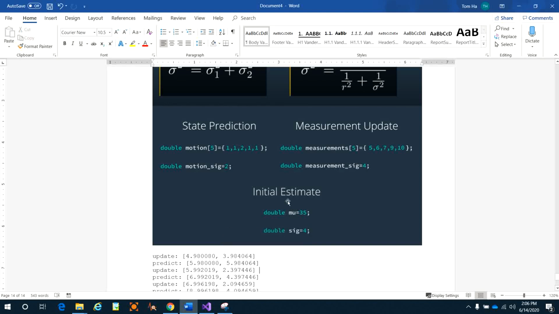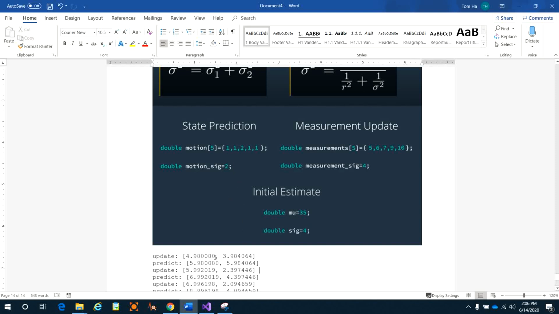they gain knowledge, so they get the covariance 3.98. Okay, so we continue. After the measurement update, the robot will predict where it will be in the next movement. For example, the next movement is 1, and the uncertainty of the motion is 2.